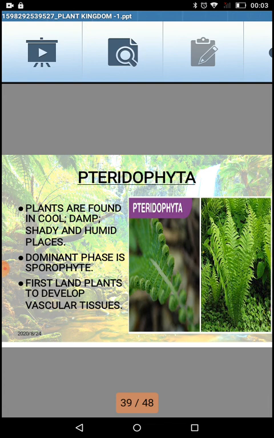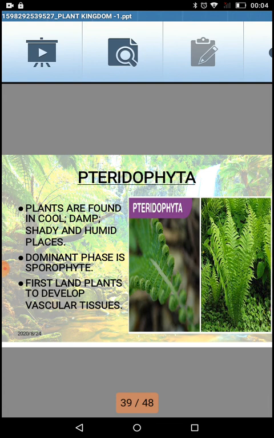Whereas in bryophytes, what we have seen is that the gametophyte is independent and the sporophyte is dependent on it. But here in the pteridophyte, just the opposite happens. The sporophyte is independent. The gametophyte is also independent, but it is very short lived. Once we discuss the life cycle, we will come across it.